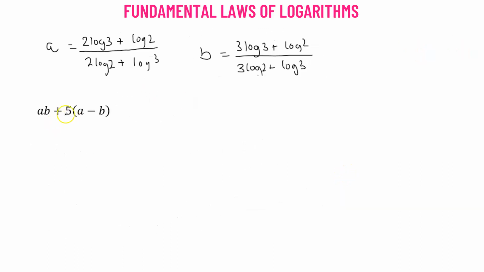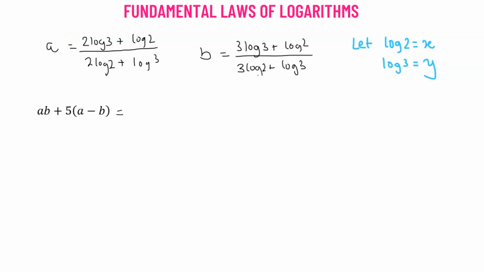So let's obtain the value of ab plus 5 times a minus b. Before doing this, we'll make a substitution that will make the calculation easier. Let log of 2 be denoted by x, and log of 3 be denoted by y.